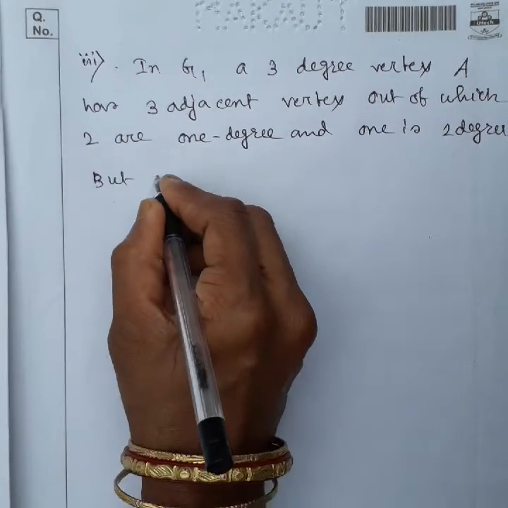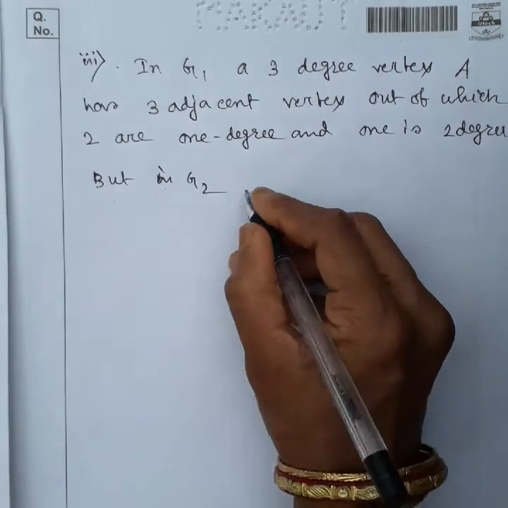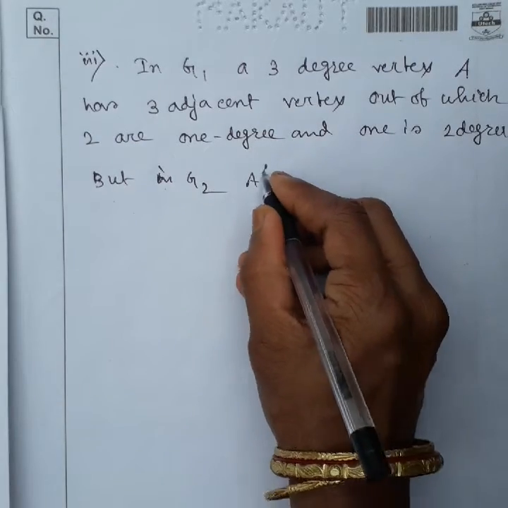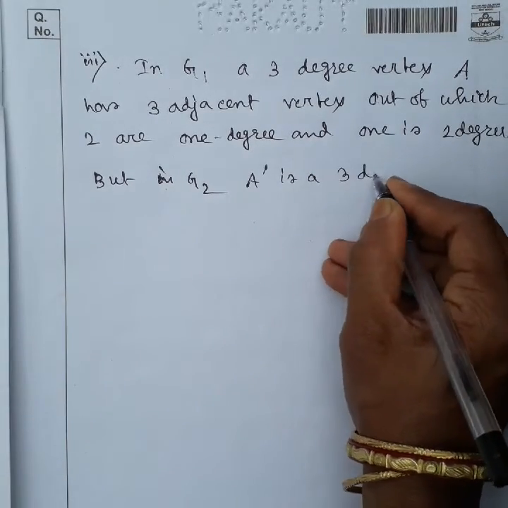But in G2, A dashed is a 3-degree vertex.